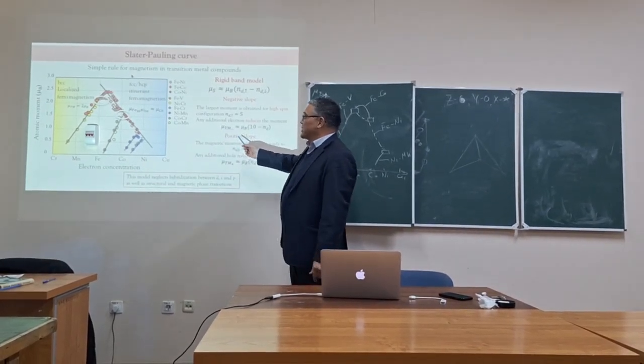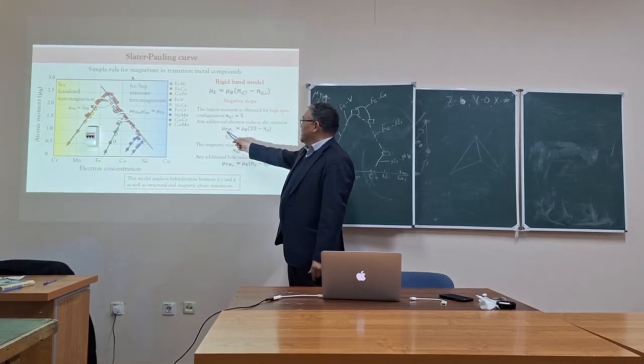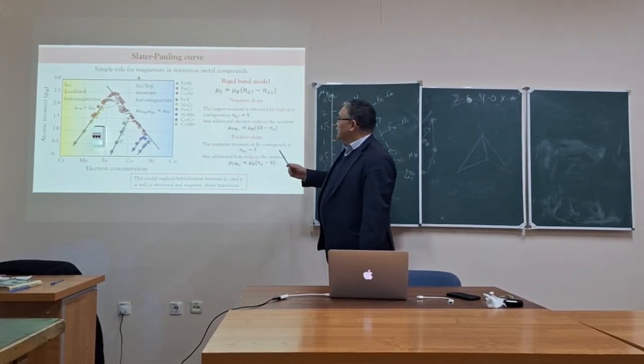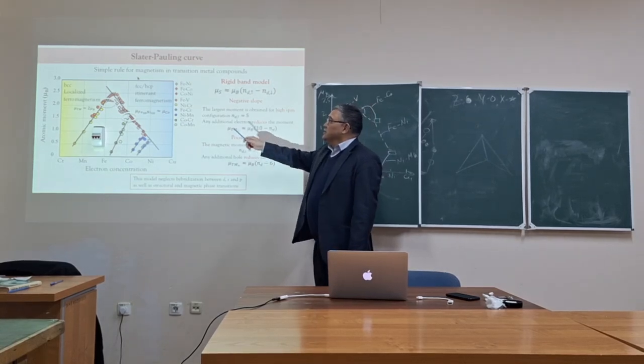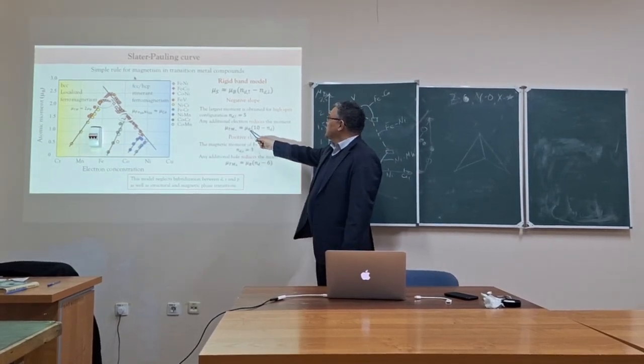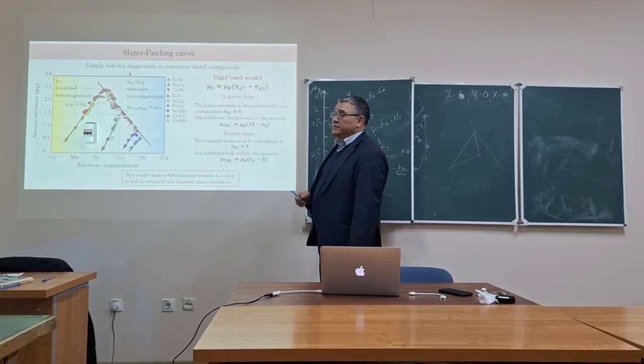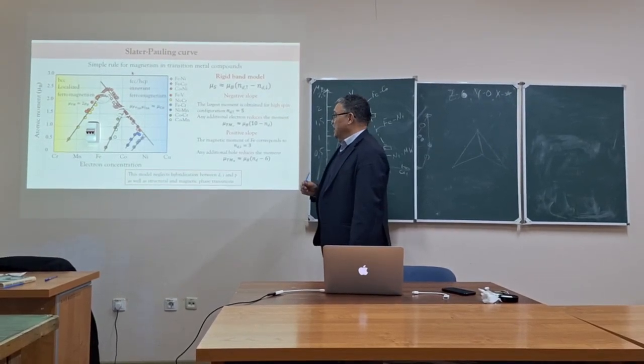and these straight lines can be interpolated with a formula. For example, on the right we have a formula for the magnetic moment. Roughly we can say that mu for these alloys is equal to mu B times (10 minus Nd), where Nd is the number of d electrons in these alloys.